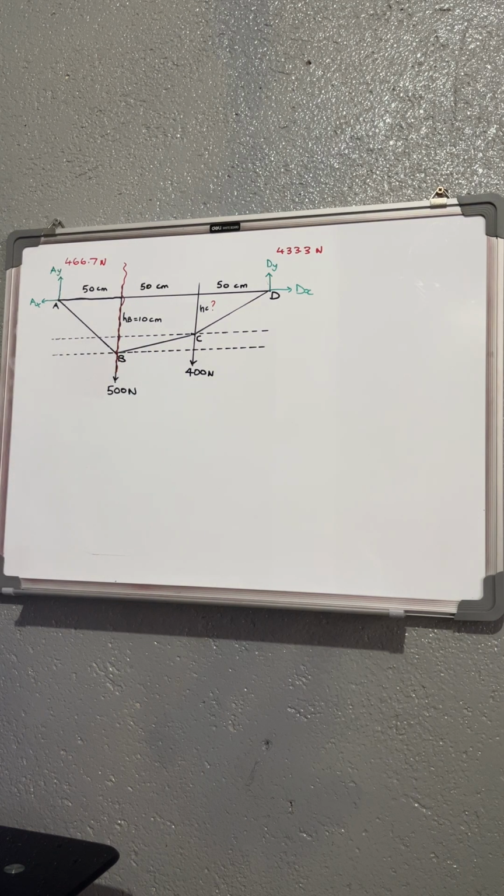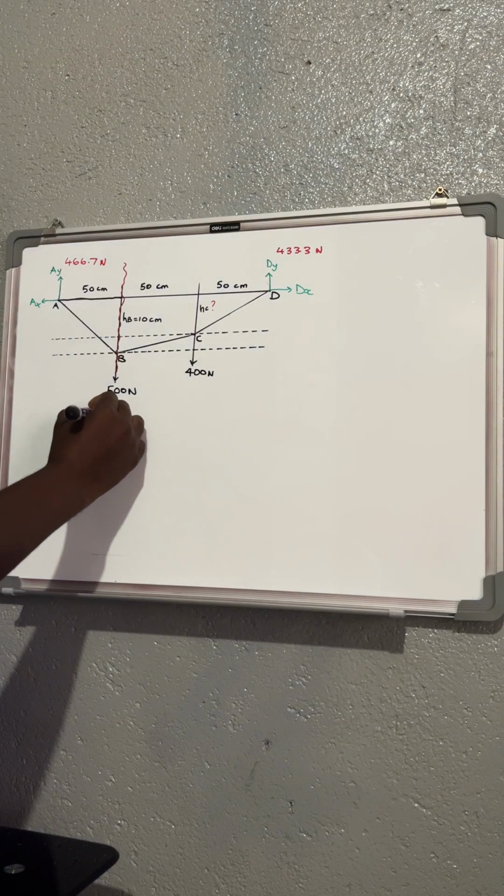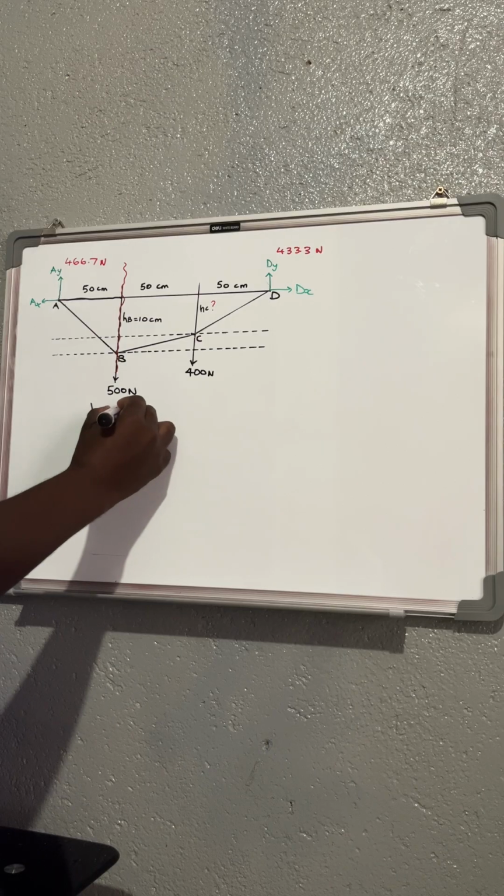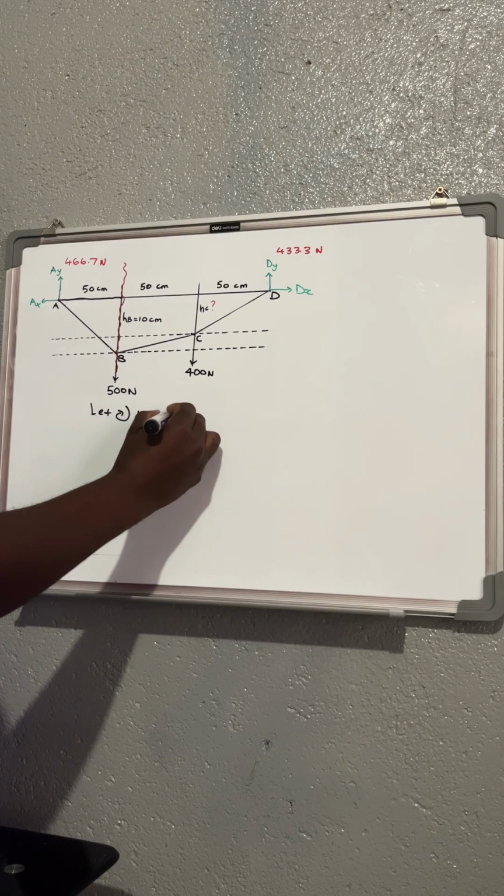You see, if we're cutting that one here and we're taking the sum of the moments around B, what are we going to have? We start with the direction. We let clockwise be positive.